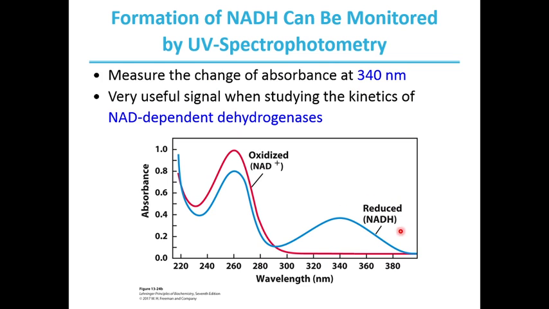This means that NADH, the reduced form of NAD, has a strong absorbance at 340 nanometers, whereas NAD+, which is the red colored band here, does not have any absorbance. Both NADH and NAD+ have absorbance at 260 nanometers. So this property of NADH can be used to study enzymes like NAD-dependent dehydrogenases.